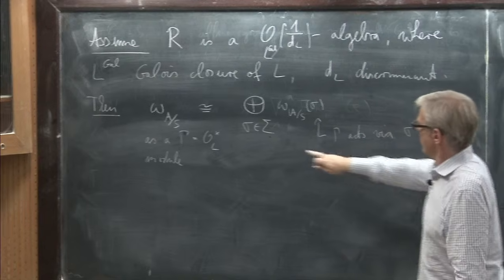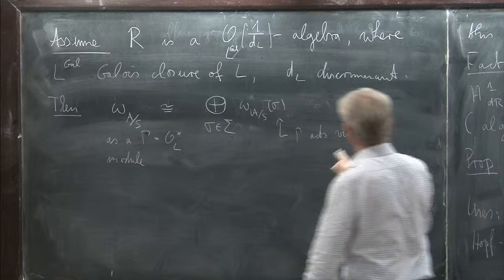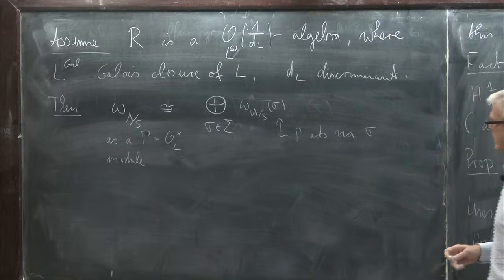This is an embedding on this sheaf, so this is a sigma eigenspace.